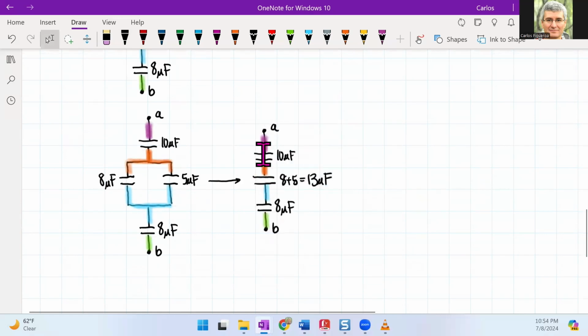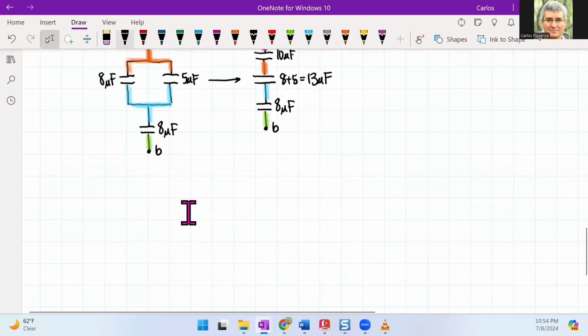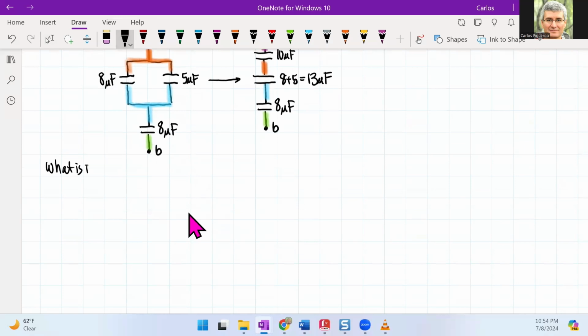I can see here that all of these capacitors only have one color connecting them. Therefore, they must be in series. So now if I look at this, I'm going to ask, what is in series?